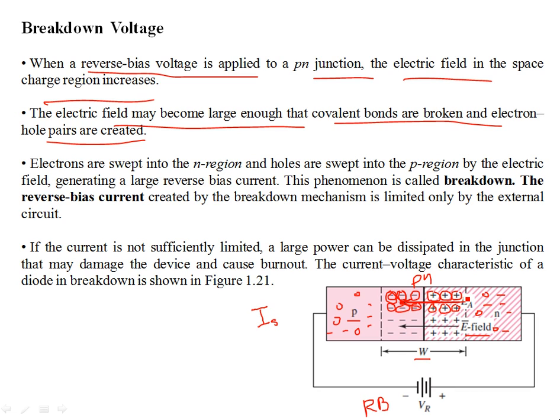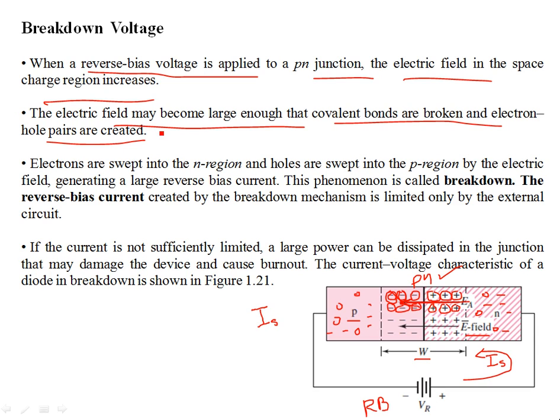Furthermore, you are giving enough energy to the electrons bound in the covalent bonds of the lattice to break free across the PN junction, and they start increasing the concentration of minority carriers. Then a small current IS flows across the PN junction. So this saturation current IS starts increasing.